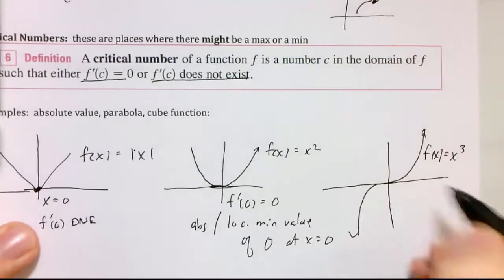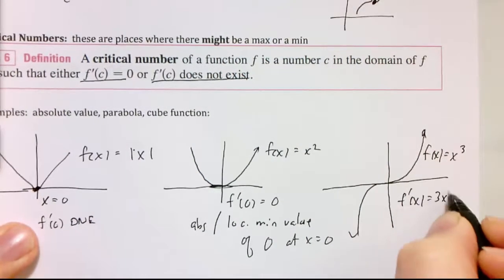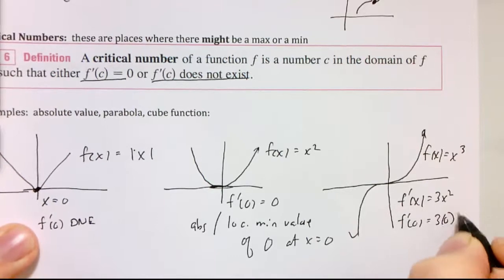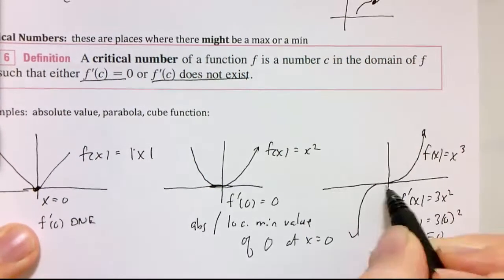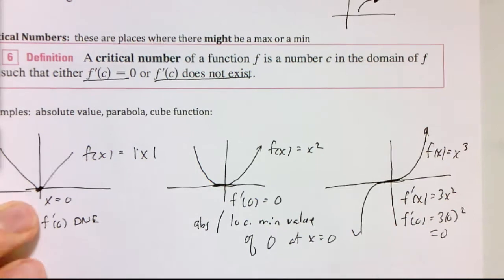The derivative is 3x squared, and at 0 the derivative is of course 0. So right here at the origin I have a horizontal tangent line, but that's not a max or a min of any kind. So this is something you got to watch out for.